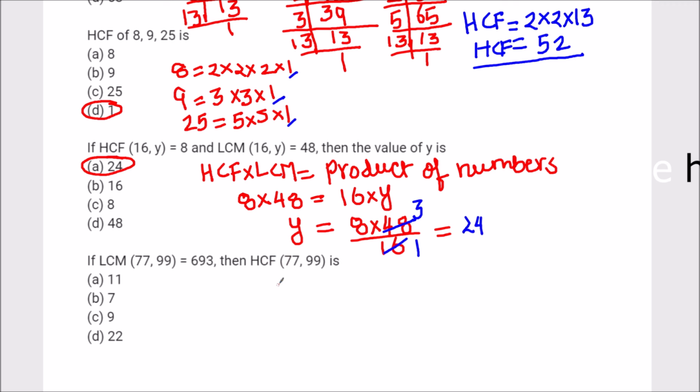Let's come to one last question, which is, if LCM of 77 and 99 is 693, then HCF of 77 and 99 is what? So we are going to use the same formula as the above question, which is HCF times LCM equals the product of the numbers.